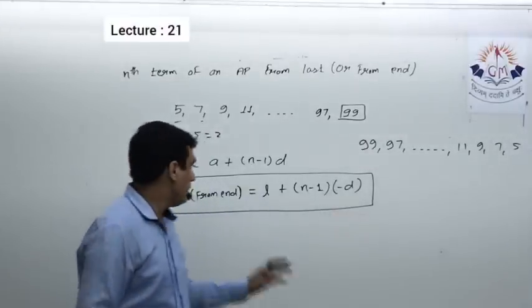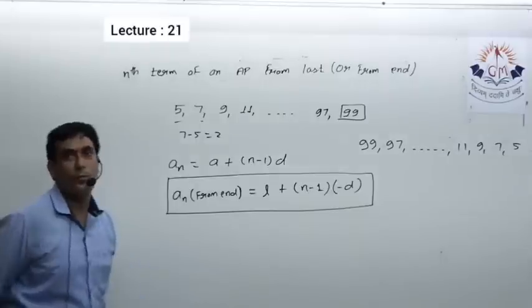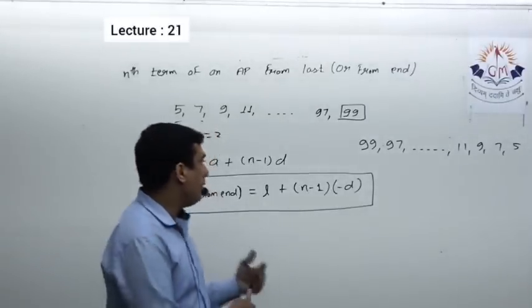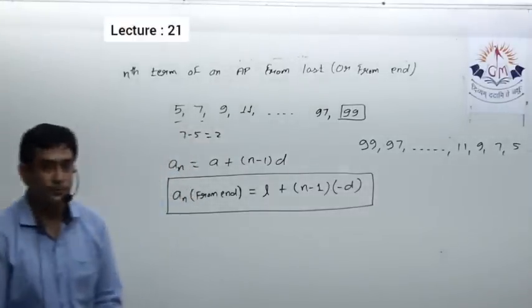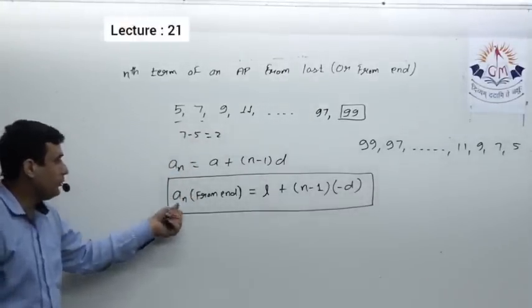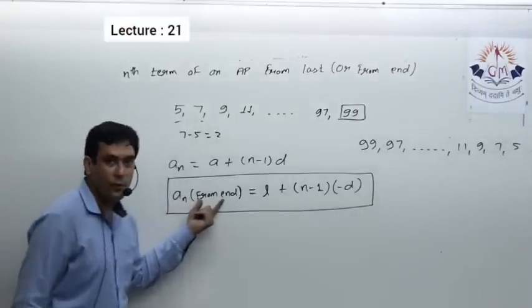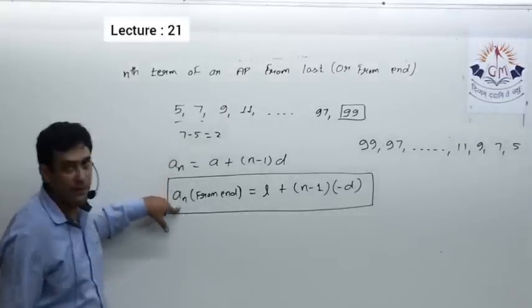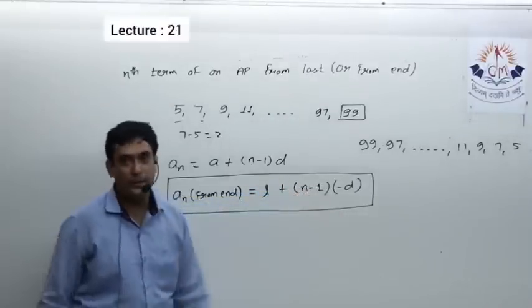So note down this formula, then we'll see one or two questions based on it, and then we come to the word problems based on the nth term of the AP. But first of all, note down this formula, an from n. Do write 'from end' in the bracket so that you won't get confused between this an and that an. An from end is L plus (n minus 1) into minus d.